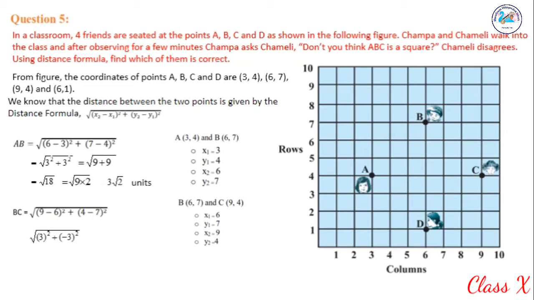On calculation, 9 minus 6 is 3 square, and 4 minus 7 is minus 3 square. 3 square is 9, and minus 3 square is also 9. So 9 plus 9 is 18, and as before, finally we can write it as 3 root 2 units.